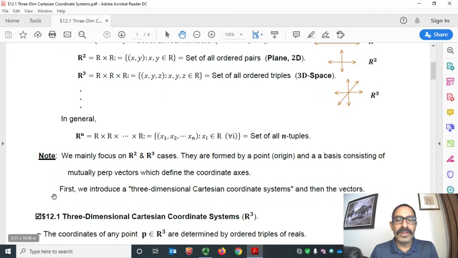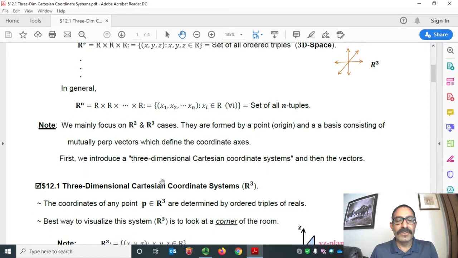Now, quick note, we mainly focus on the R2 and R3 cases. They are formed by a point, which is called the origin, and a basis consisting of mutually perpendicular vectors which define the coordinate axes: x-axis, y-axis, and z-axis.